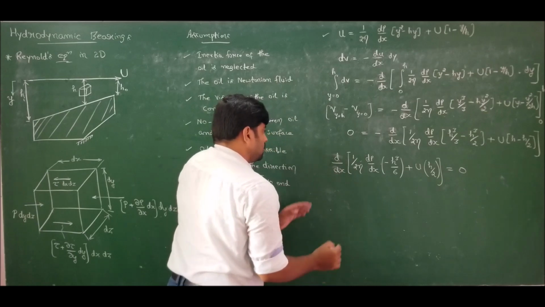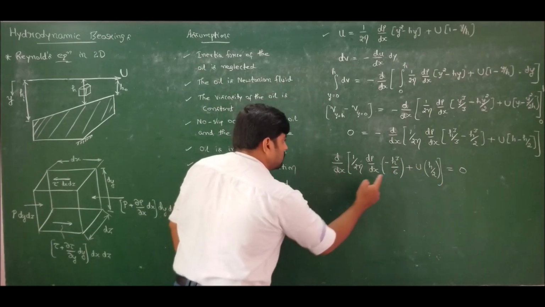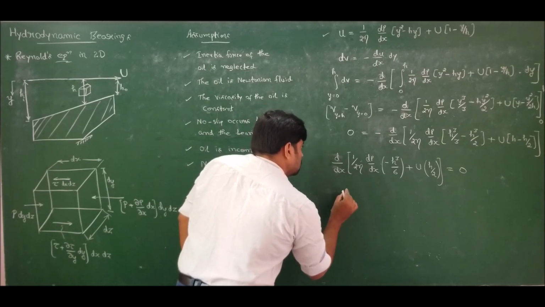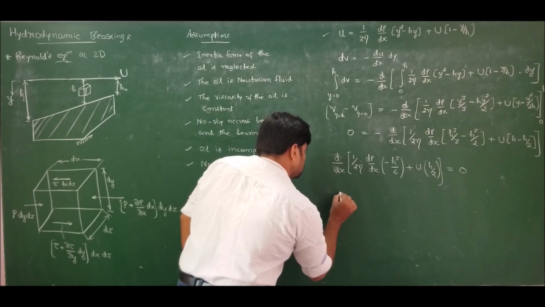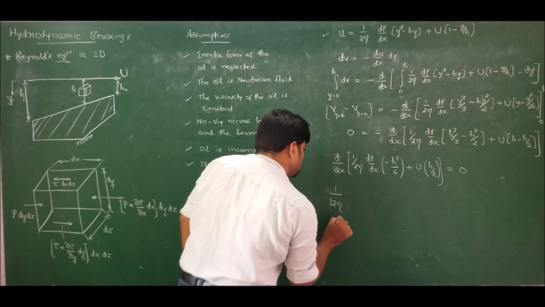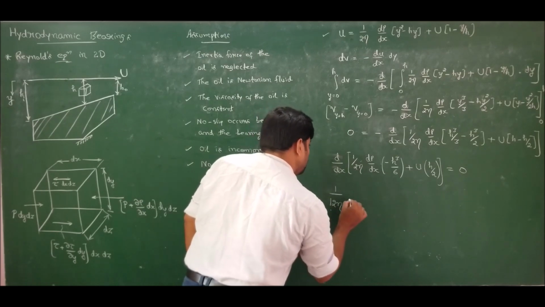Let me take this to here. If I do that, 6 2s are 12. So I will get 1 by 12 eta, correct, 6 2s are 12, eta is constant, 1 by 12 eta.